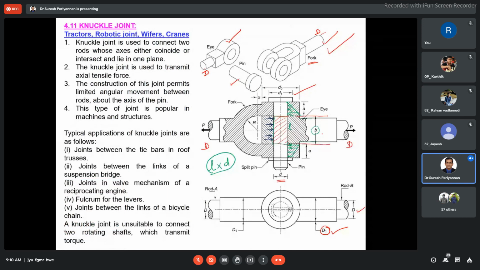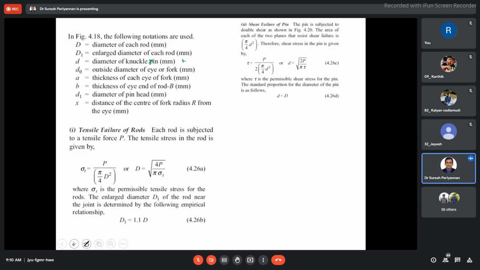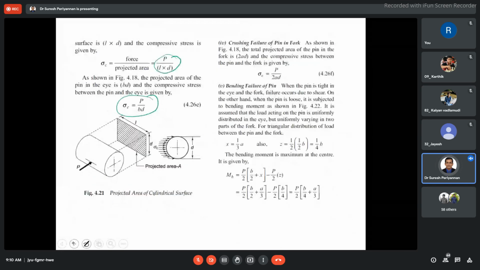This is D1. B is greater than D1. Sometimes you can consider this region, which is nothing but B into D, for finding the crushing stress. Okay, B into D.